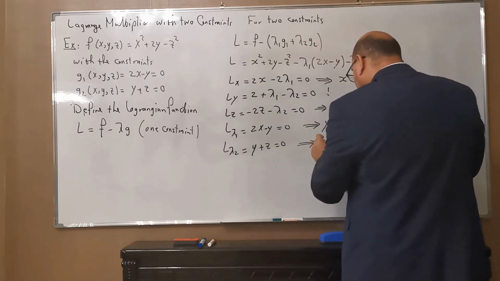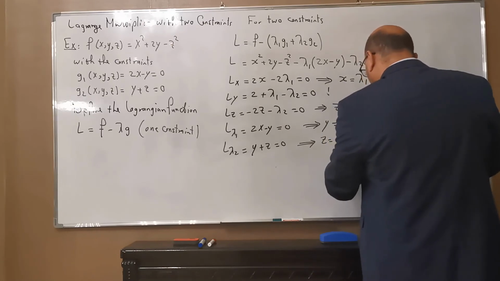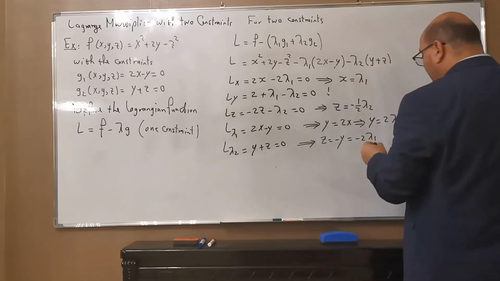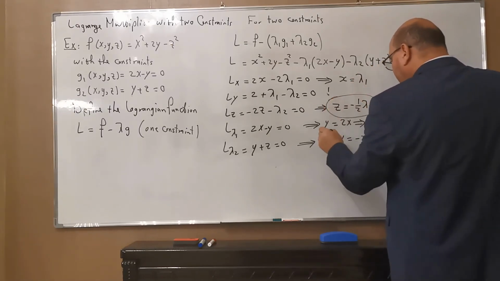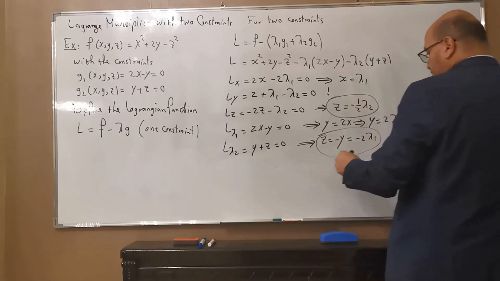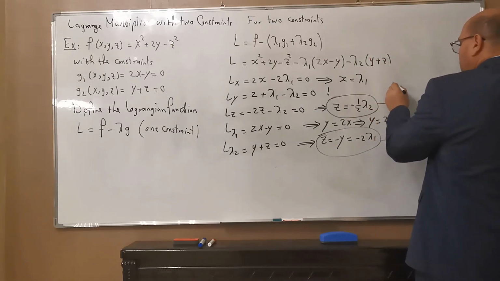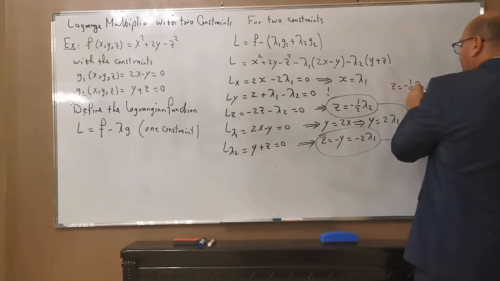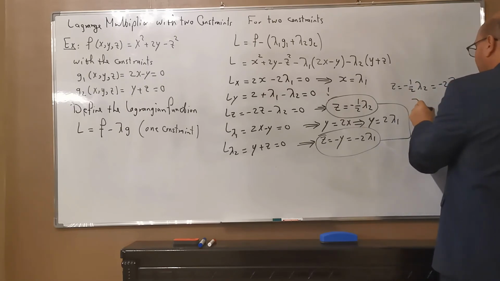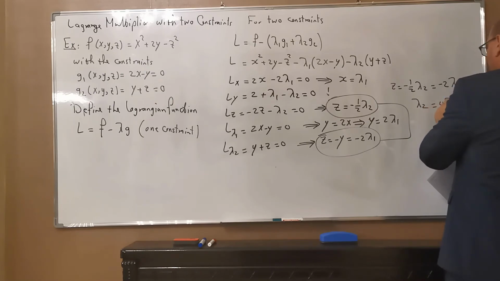This means that z equals minus y, and so z equals minus 2 lambda 1. Okay, so you have z here and z here. Equating z from both sides, z equals minus 1/2 lambda 2 equals minus 2 lambda 1. It means that lambda 2 equals 4 lambda 1.